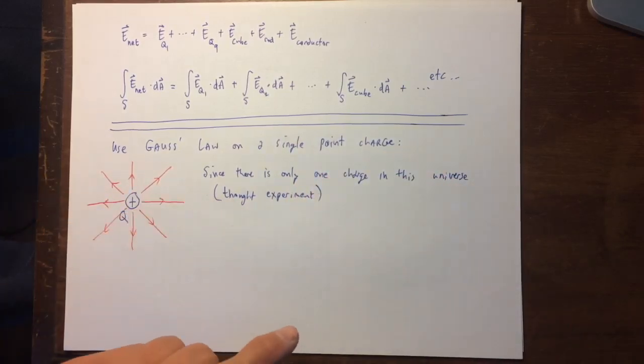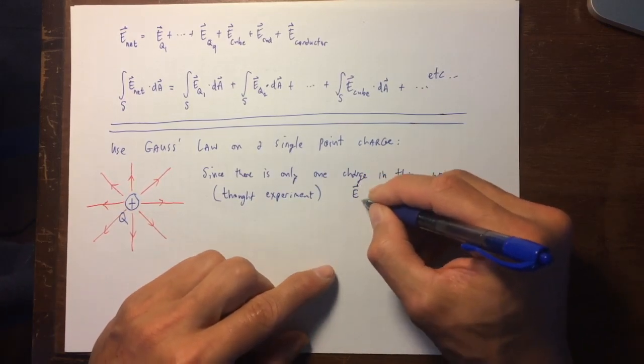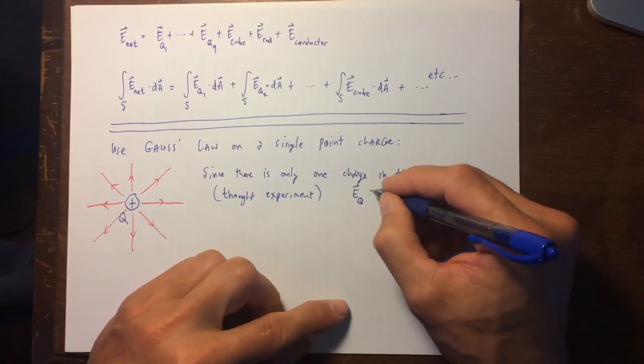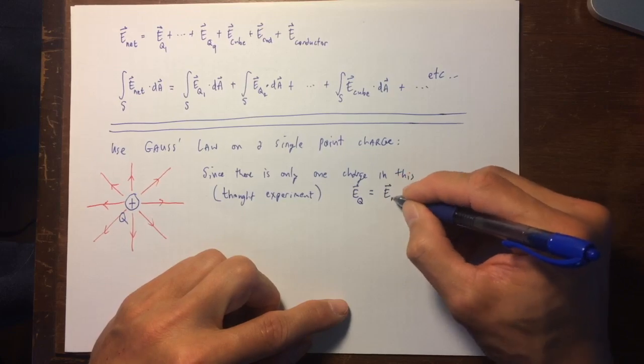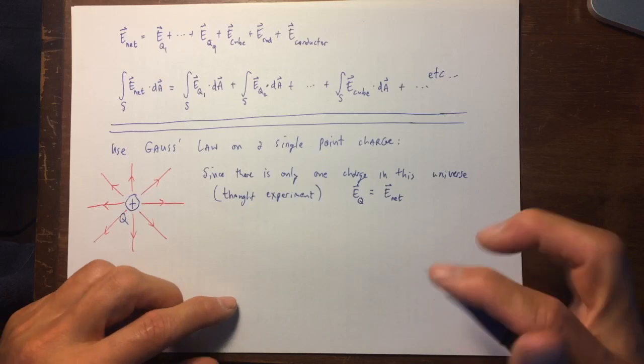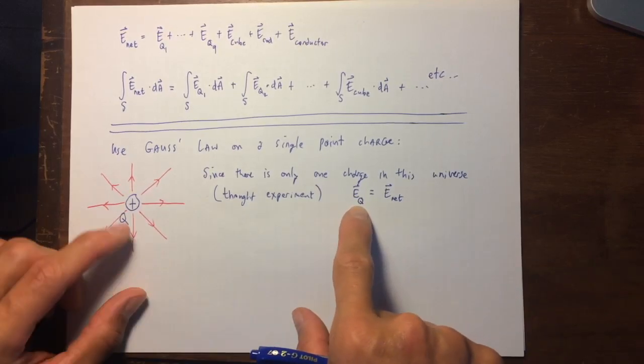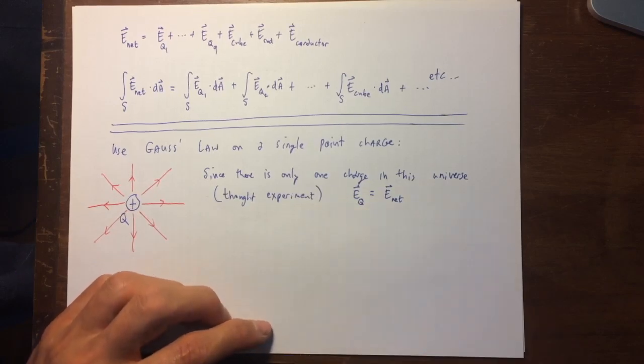So since there is only one charge in this thought experiment, the electric field due to the point charge Q is the net electric field. That's what it says, right? So this is the superposition principle when there's really only one source of field, one point charge Q. So that's the net field.